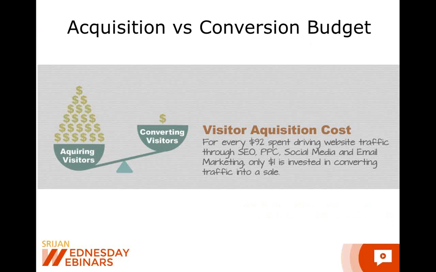So a lot of money gets spent there, but the proportionate budget which is assigned to conversion is a very small percentage of that. So I think that's an area where a significant impact can be made on the amount which is spent on the acquisition side. So that's the current statistics.